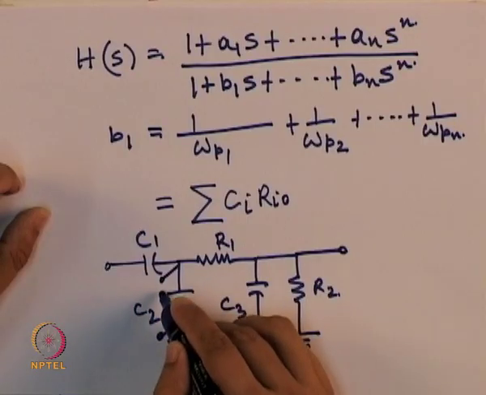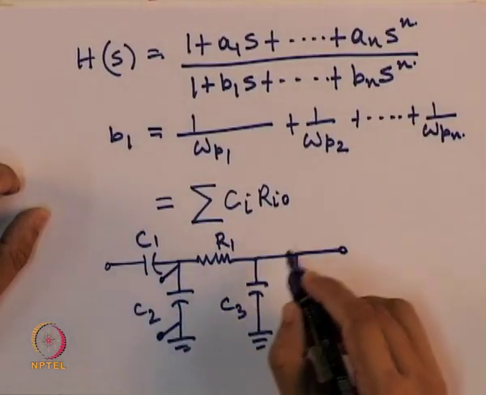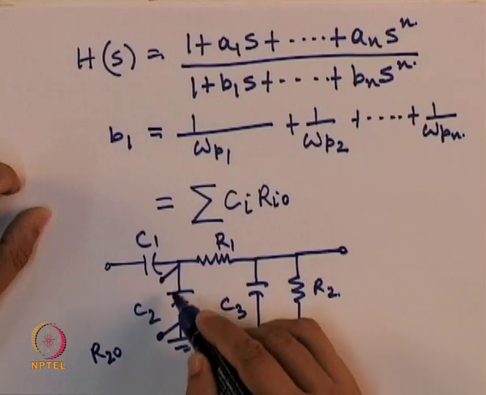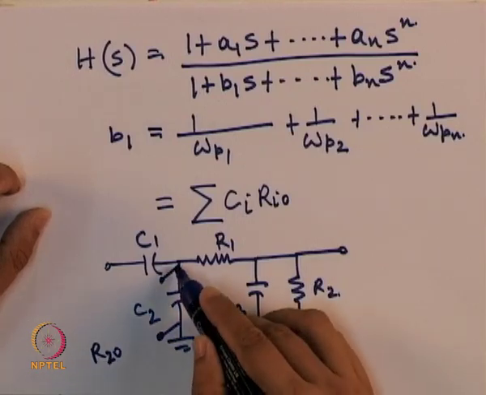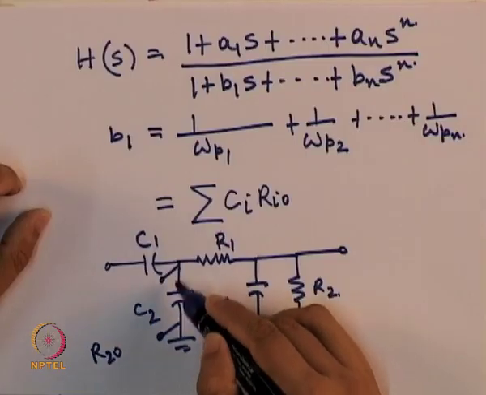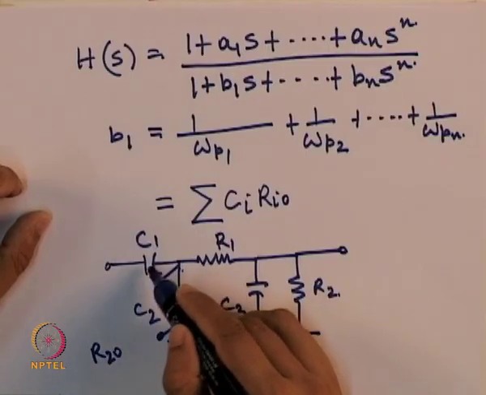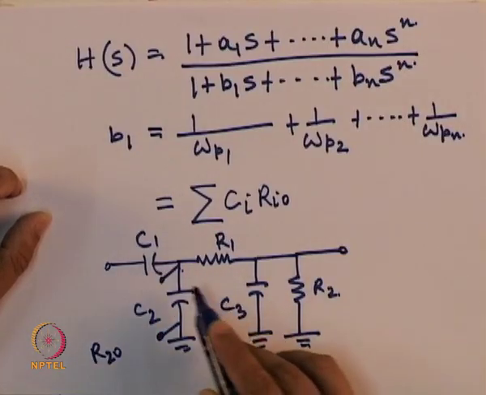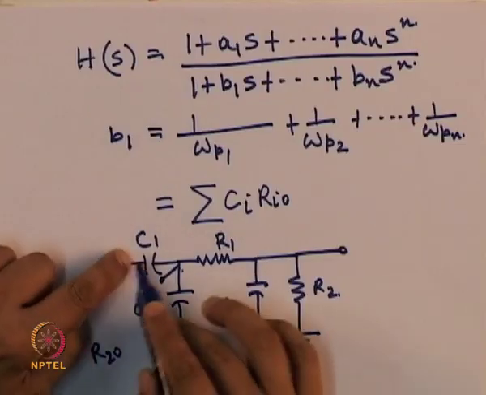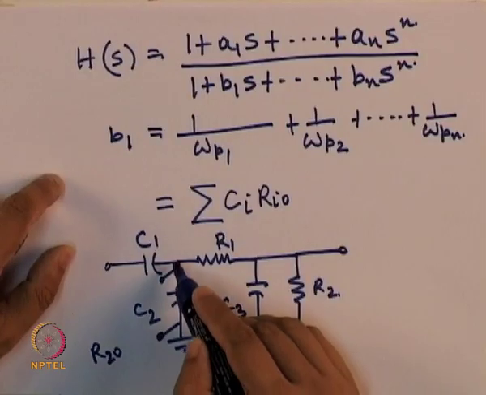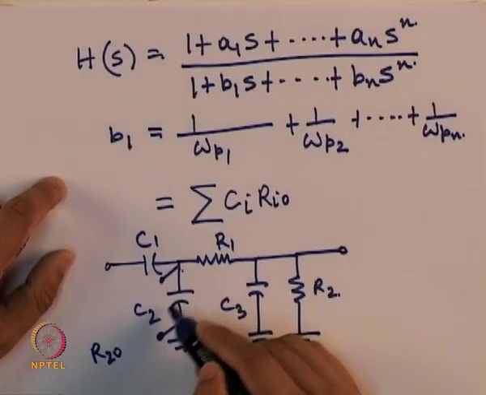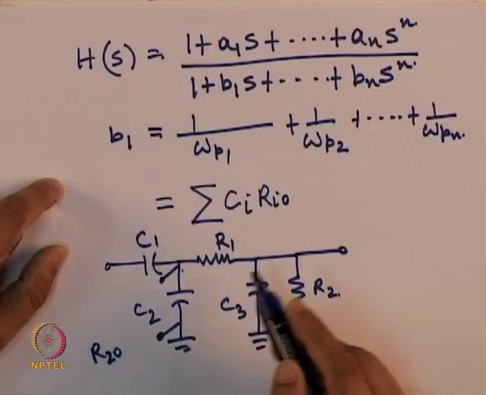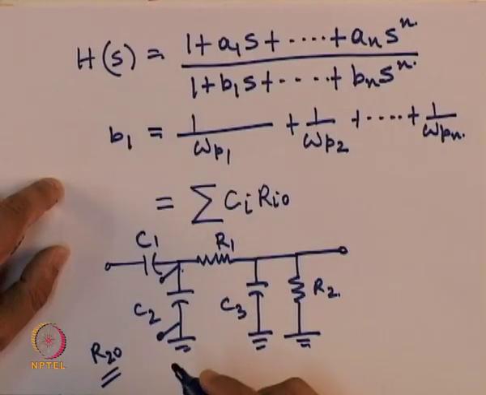Let us consider this C2. If you want to find out R20, then R20 is the equivalent resistance across the two terminals of the capacitor with all other capacitors opened. So, you just remove C1 and C3, and of course C2 is also removed. Then the equivalent resistance between these two terminals will be the value of R20.